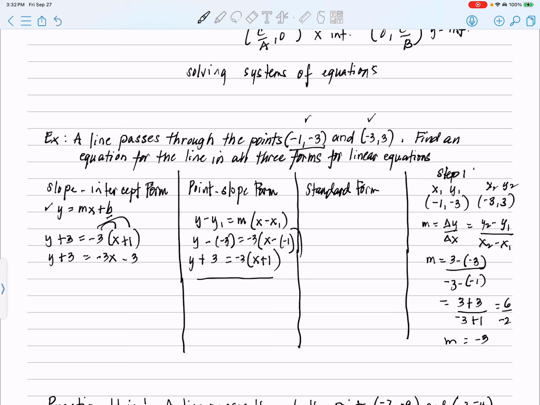So that means I have to take out the positive 3 here by subtracting 3 on both sides. Now y is isolated by cancellation. So that would be y equals negative 3x minus 6. This is already in the slope-intercept form.